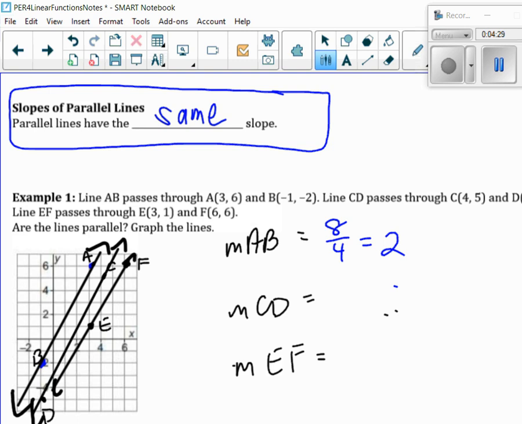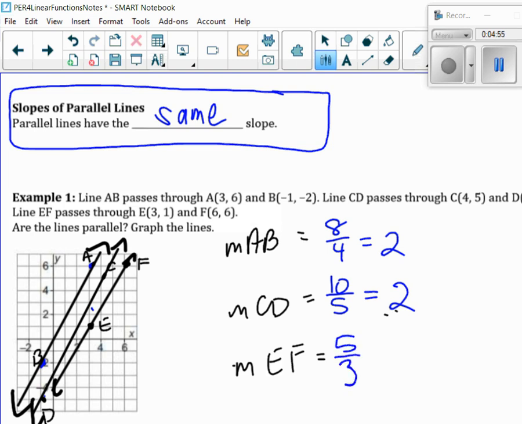I got 2. C to D: 1, 2, 3, 4, 5, 6, 7, 8, 9, 10 over 1, 2, 3, 4, 5. You don't have to pick actually C and D. You can pick any point on there. EF: 1, 2, 3, 4, 5 over 1, 2, 3.